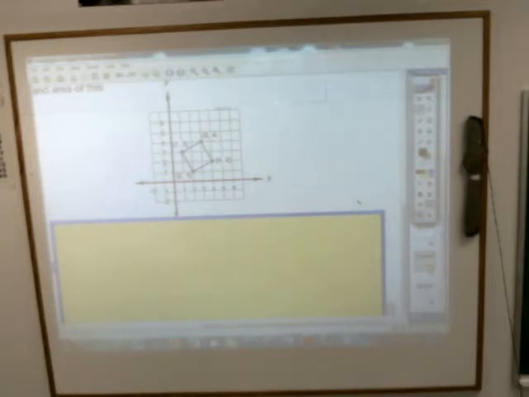Just kind of squares. That's the perimeter? Where's the perimeter? Where's your perimeter? It's right there. That area, perimeter. Points at the right place.